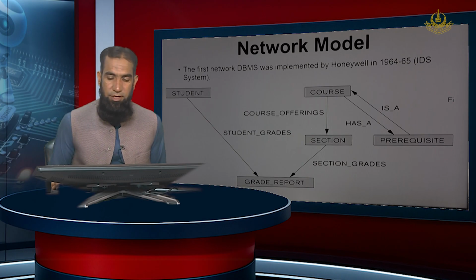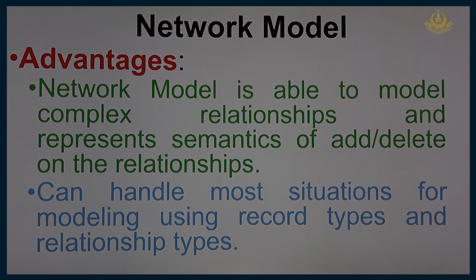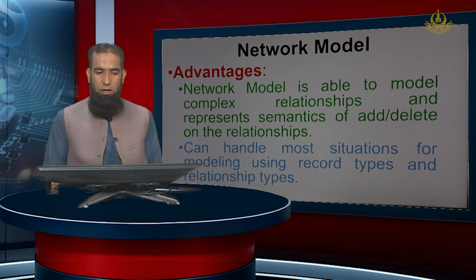They only have a single parent. The advantages of the network model are that it is able to model complex relationships among different semantics, different entities, and can handle most situations for modeling using record types and relationship types. However, the disadvantage of this model is that it can't handle very complex relationships. And the second one is it can't support multiple parent, multiple child relationships. That's called many to many.